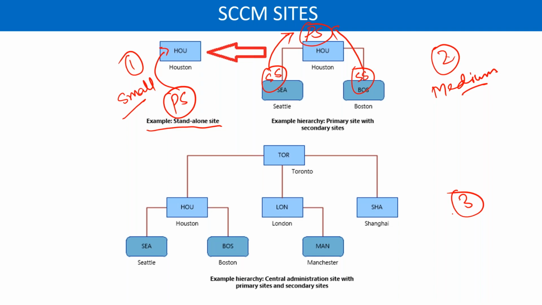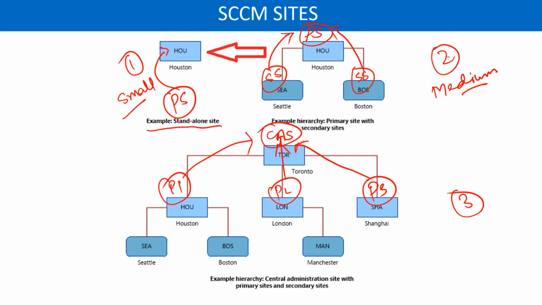Like Cognizant, Accenture, Deloitte, IBM, you need a central administration site at the top of the hierarchy, then multiple primary sites: for example, primary site 1, 2, and 3 in 3 different continents. They report to the central administration site, and they have their respective secondary sites, which report to their respective primary site.